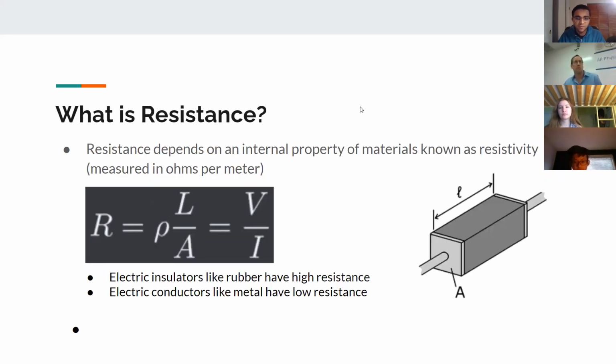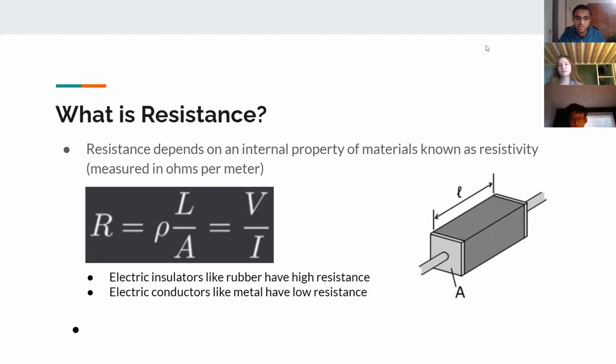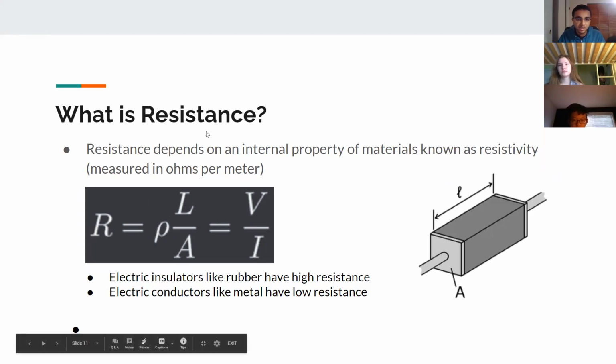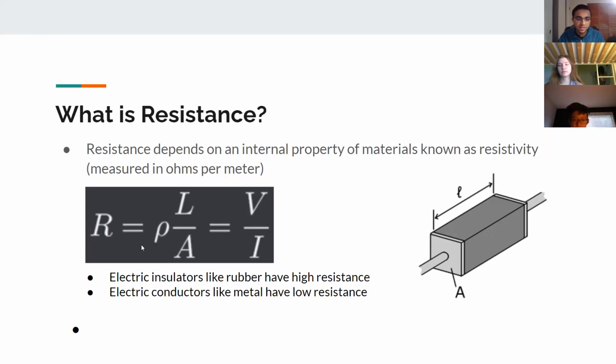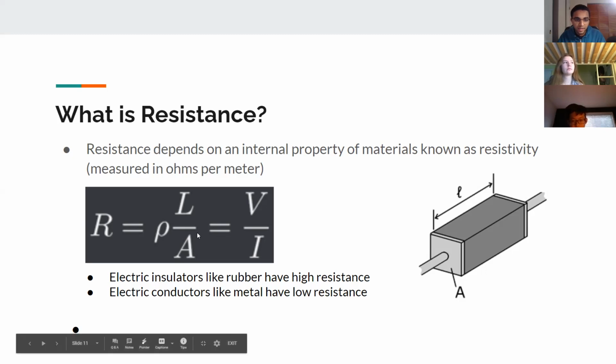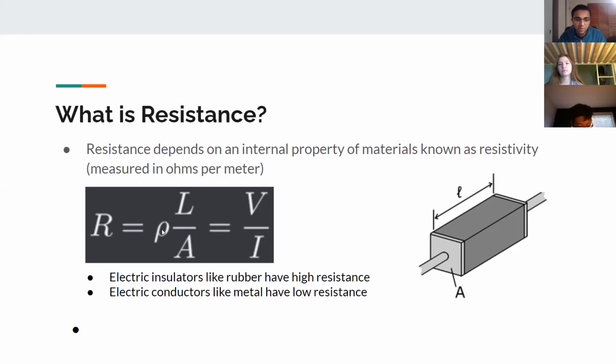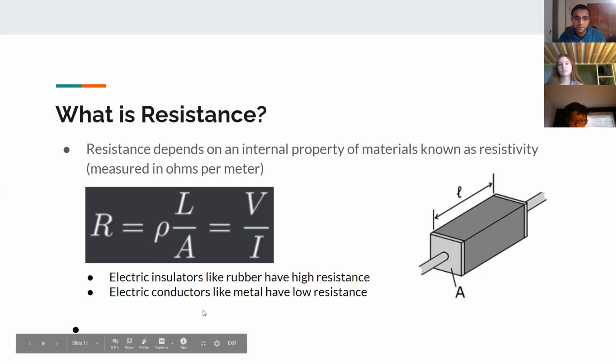And next, we introduce the topic of resistance, after current and voltage. Resistance is actually a property of materials. Resistance is measured in ohms, and it depends on the resistivity, which is an intrinsic property, measured in ohm-meters. The formula here is the resistivity, the intrinsic property, times the length divided by the cross-sectional area.